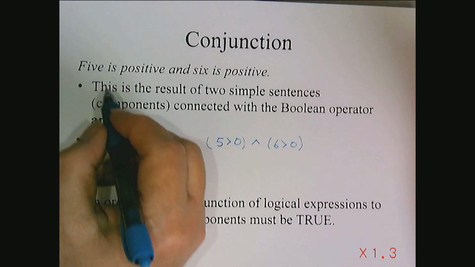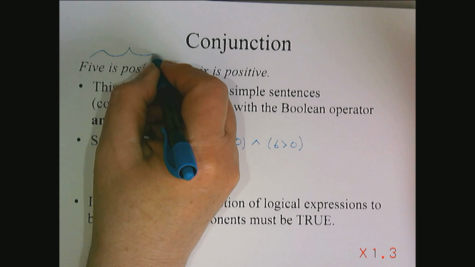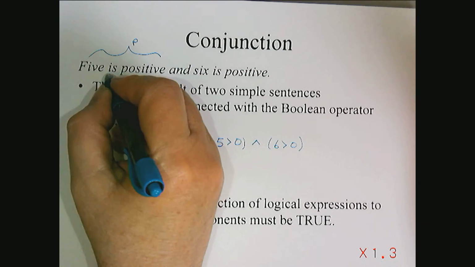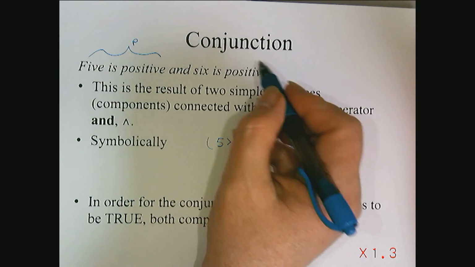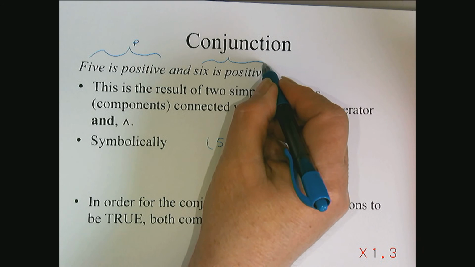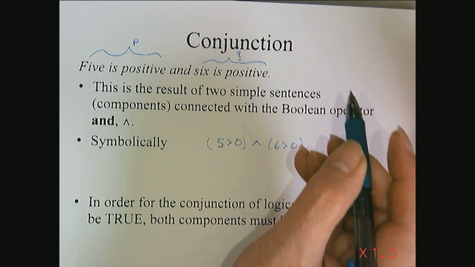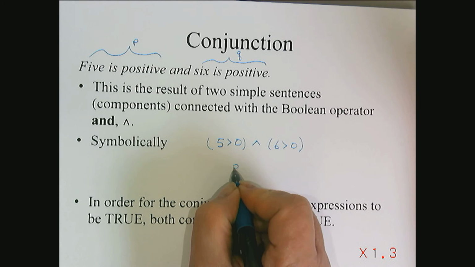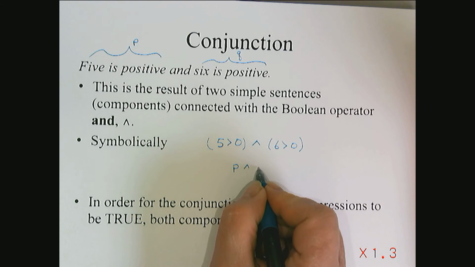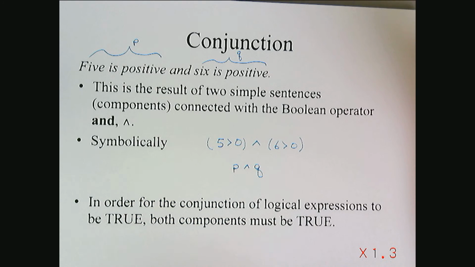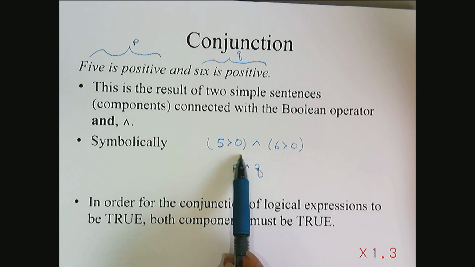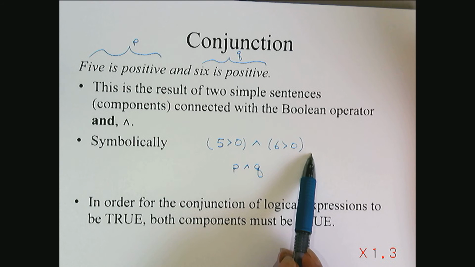Or if I think of 5 is positive as proposition P, and 6 is positive as proposition Q, then I'm symbolically looking at P and Q. Now, in this particular case, 5 is positive and 6 is also positive, so this proposition is true.